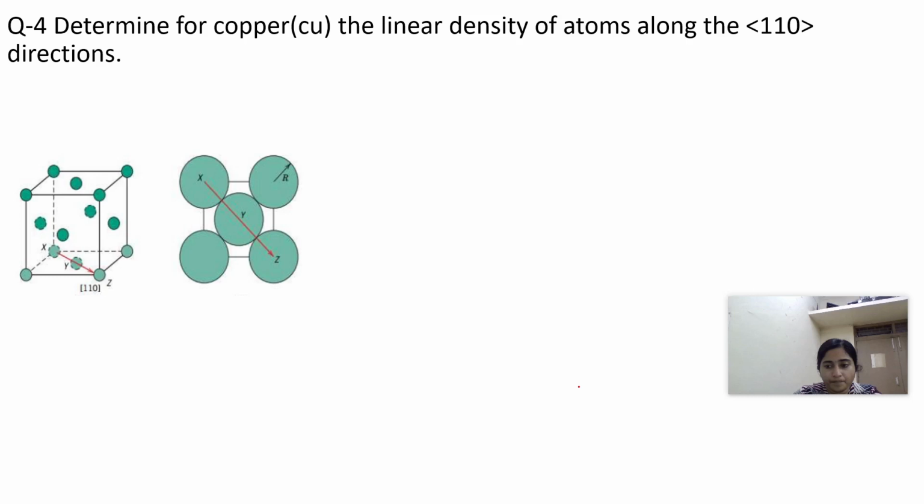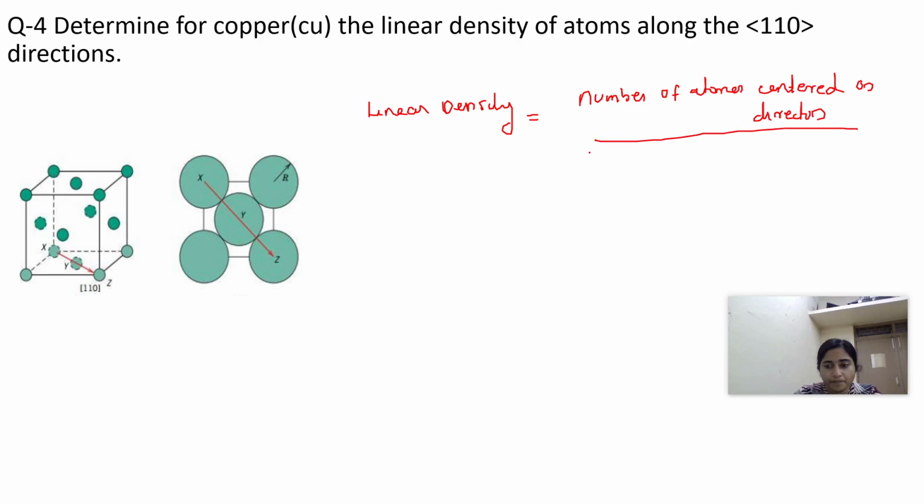The linear density is equal to the number of atoms centered on the direction divided by the length of the direction vector.